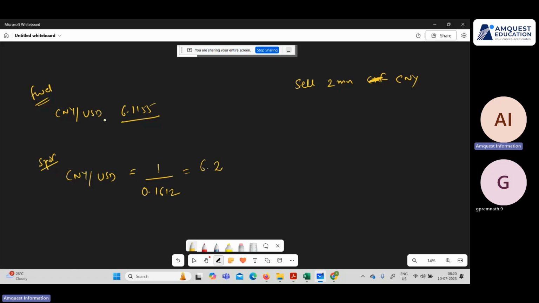Let me just do this on the calculator. It's 6.20347. Actually, if this is at 4 decimal places, I would also want to make it 4 decimal places for this one.